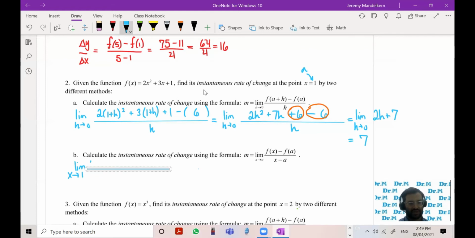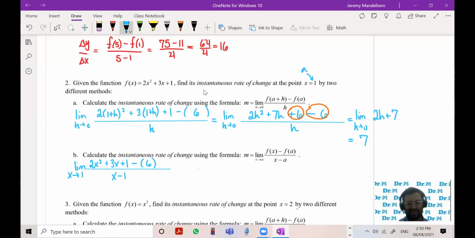So that is 2x squared plus 3x plus 1. And we are to take away f of 1, which we know to be 6. In the denominator, we have x minus 1. This will be an indeterminate form if you try to evaluate directly by, say, replacing x by 1. You would get 0 over 0.